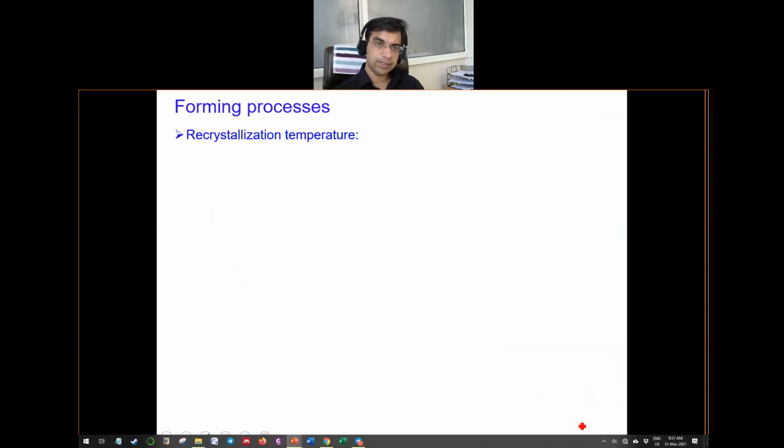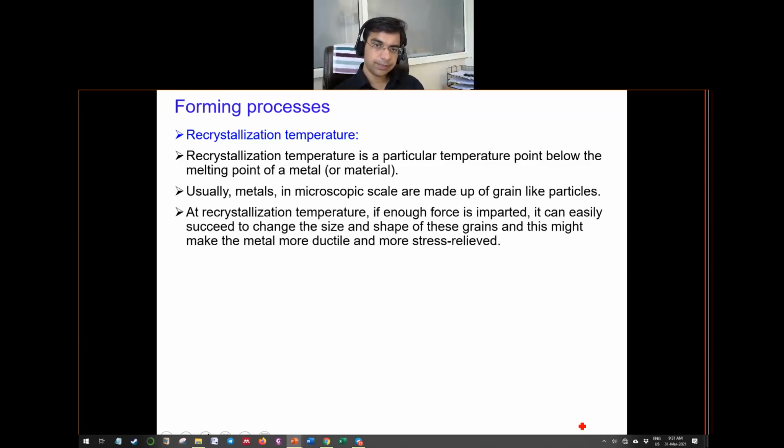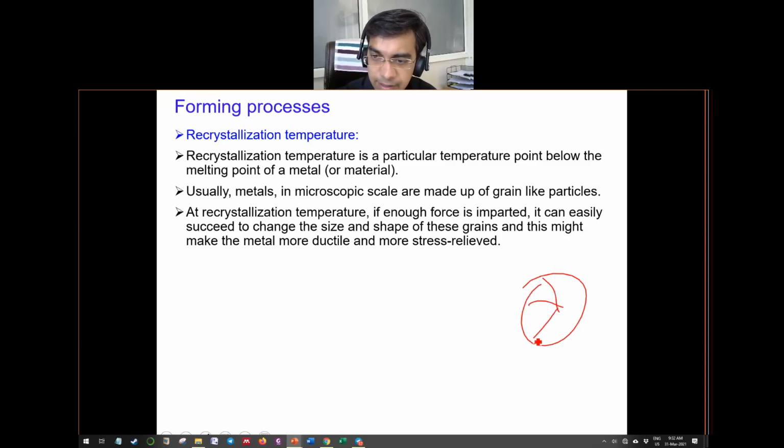So what happens at this recrystallization temperature? Recrystallization temperature is basically a particular temperature, of course, below the melting point of the material. Suppose the grains are there, so if these are the material and these are the grains inside it.